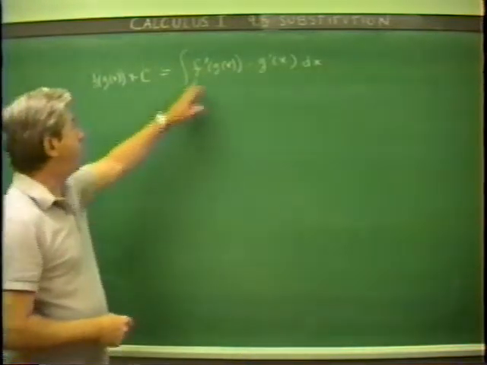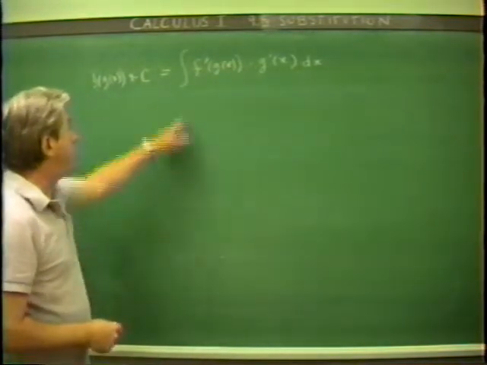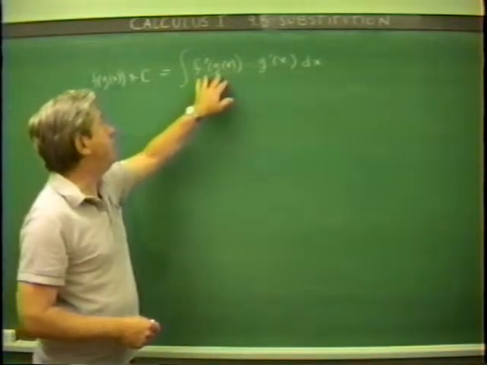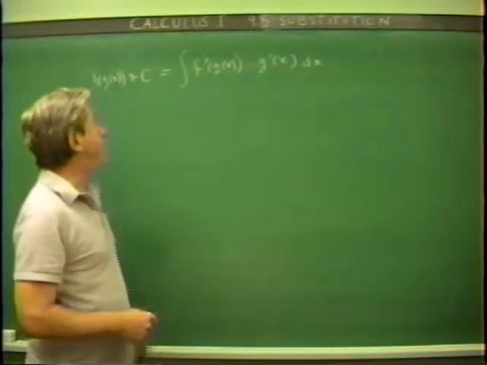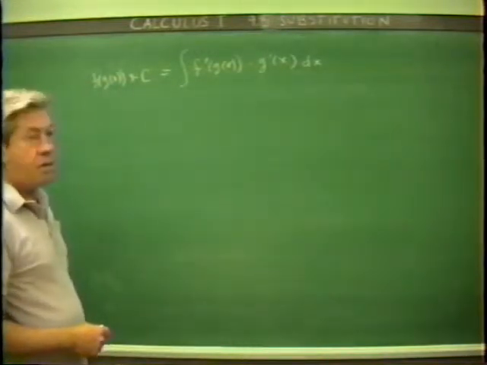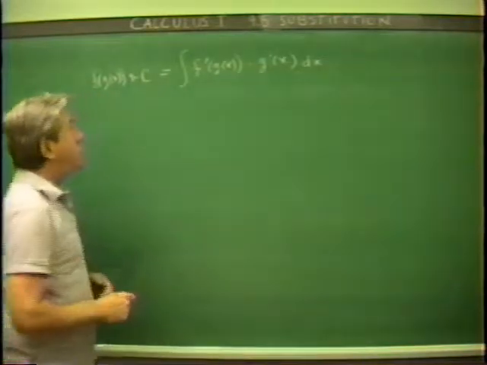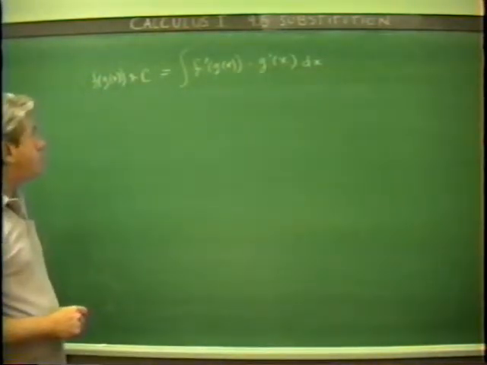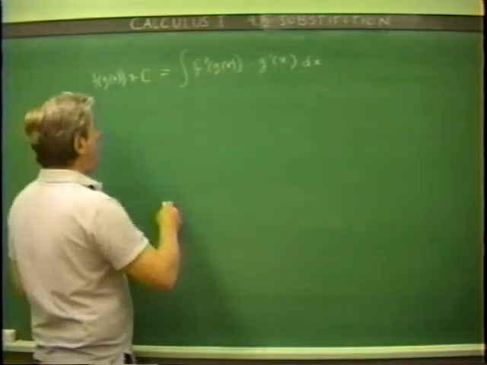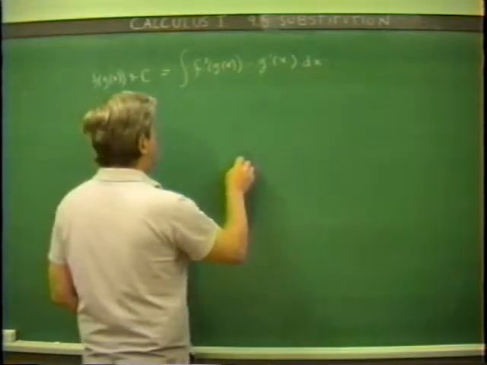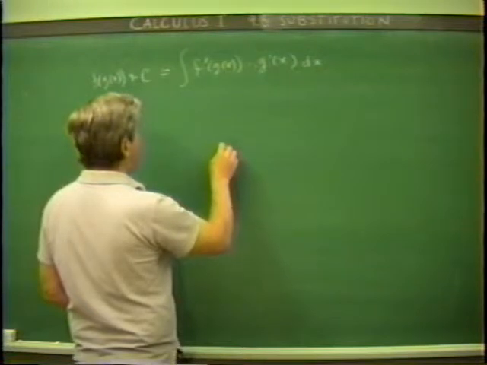Now, the problem, of course, is that it's not easy to recognize f prime of g of x times g prime of x as being of this form. And this is going to illustrate part of the reason why this notation with the dx is used. Okay, the idea behind substitution is this.